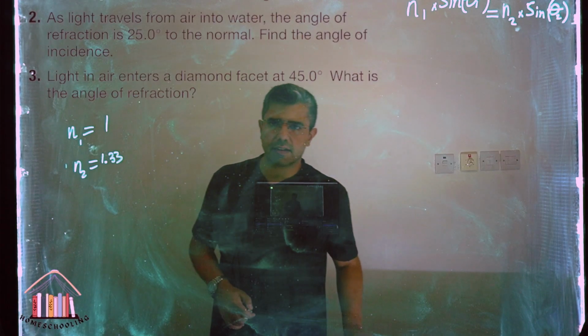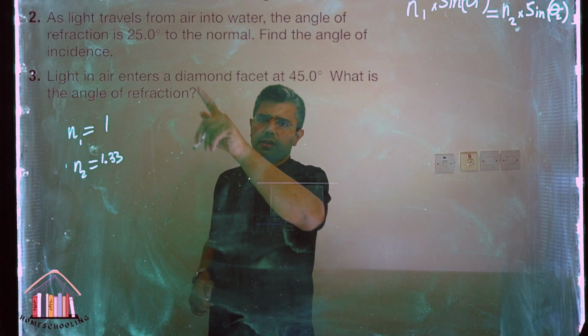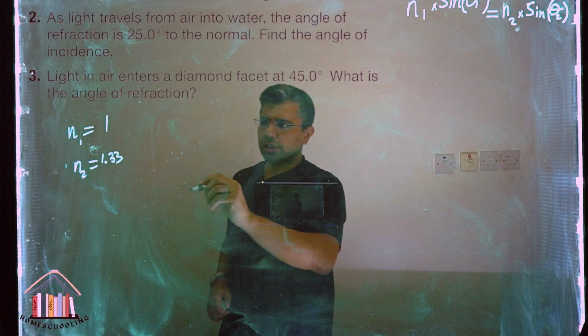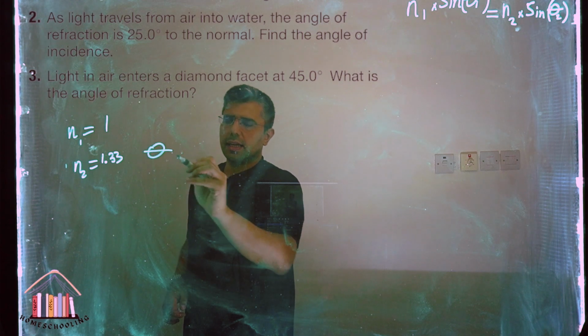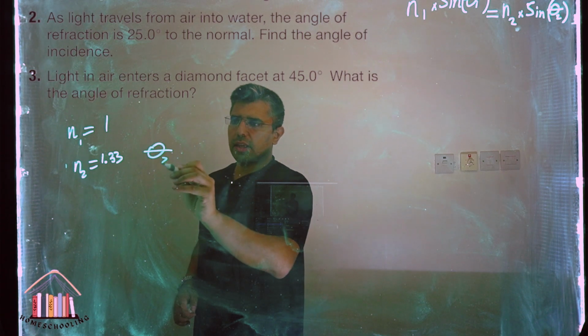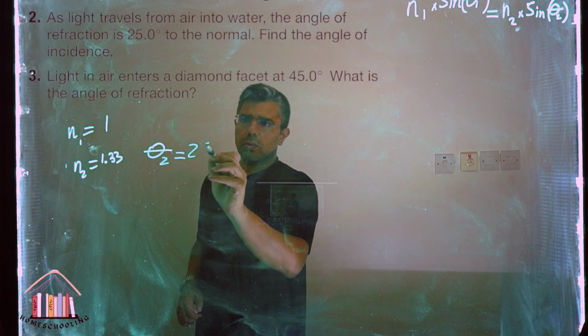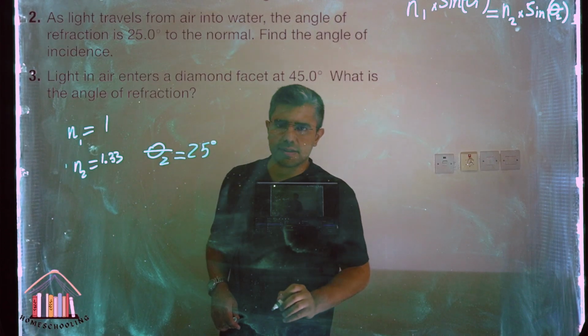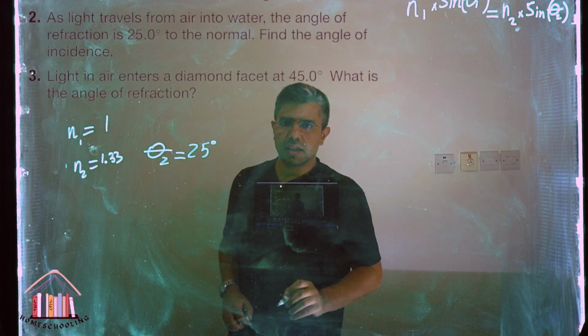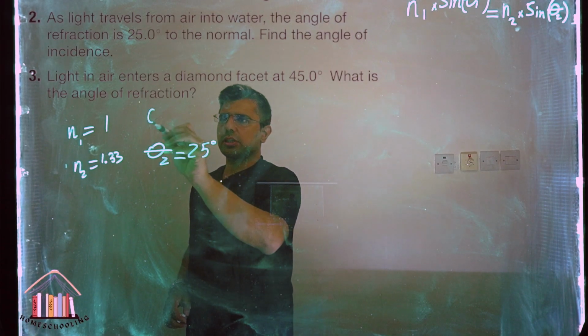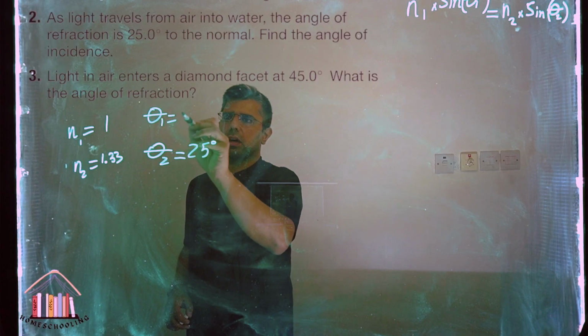So that's the given. Light travels from air to water. The angle of refraction, theta 2, is equal to 25 degrees to the normal, of course. Find the angle of incidence, which is theta 1.